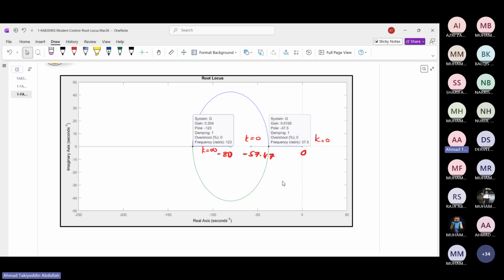And I have raised the condition that you may have the question: how can MATLAB come out with the plot where I just have two lines of the horizontal line, but somewhere between those two lines I have this oval curve or oval shape of the root locus?